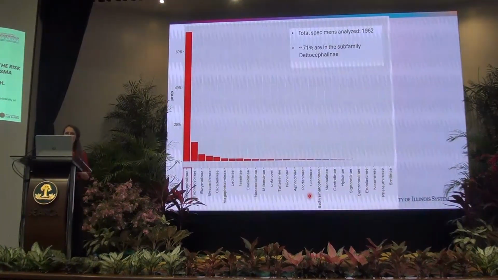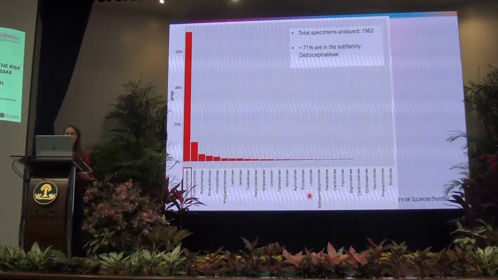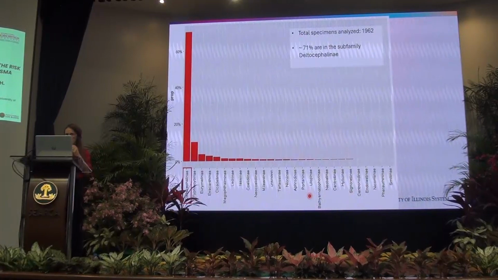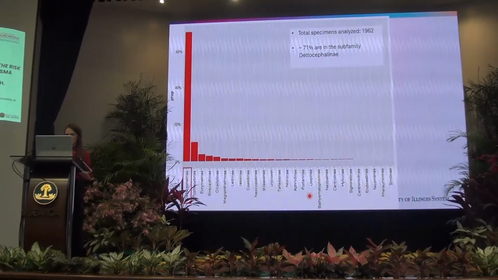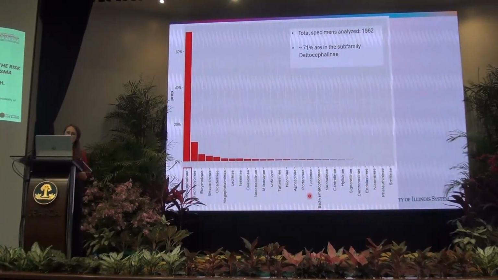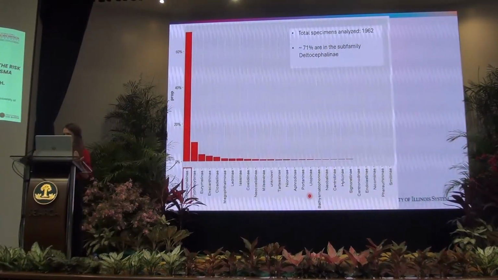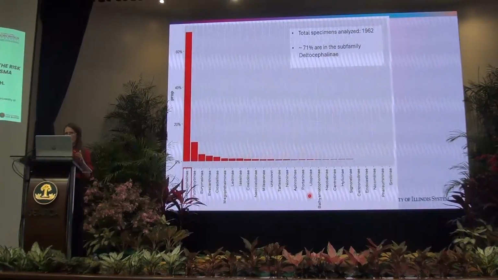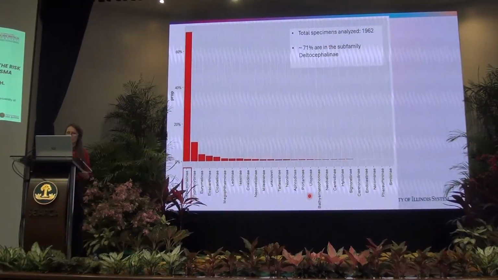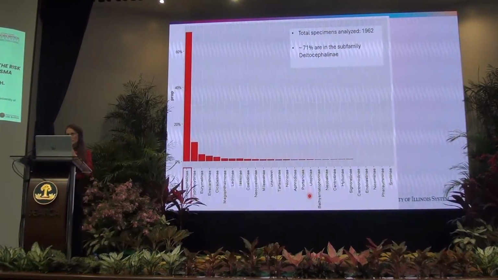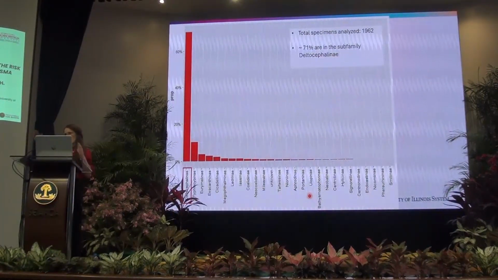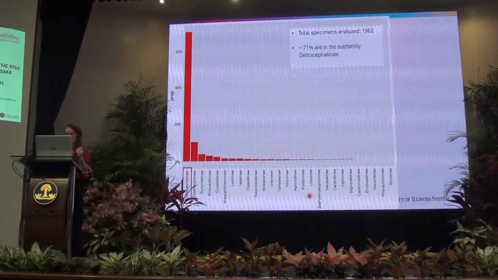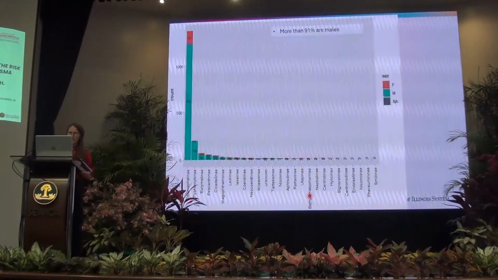Of course, about the total analyzed, 71% are in the subfamily Deltocephalinae, because lately Chris has been focusing a lot on this subfamily, so this is a bias that we are aware of, and that will be fixed in the next 2 years, where we are screening other families, other orders, and subfamilies, eventually including also Auchenorrhyncha.